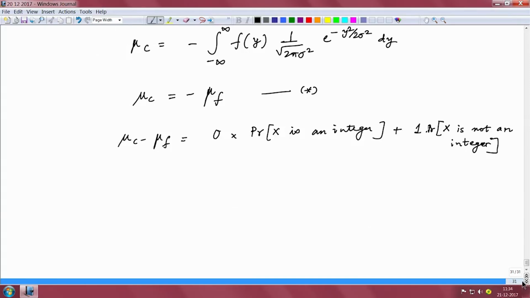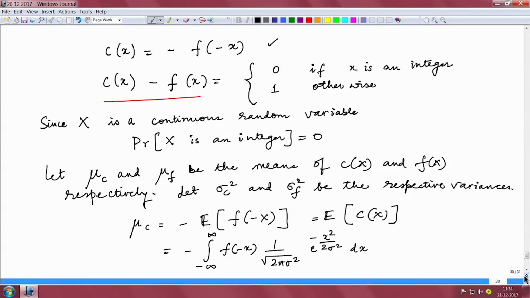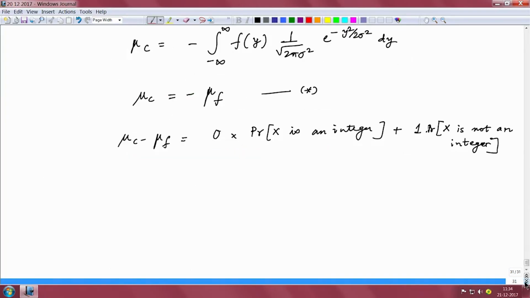So, now we realize that from this equation, the probability that x is an integer is 0 and the probability that x is not an integer is 1. So this equates to one.